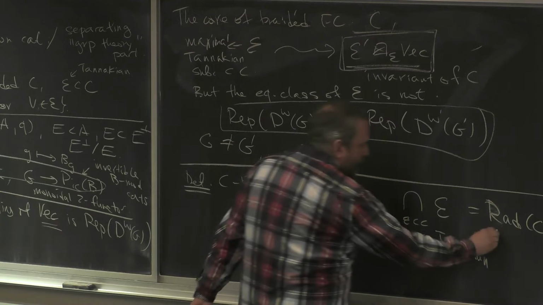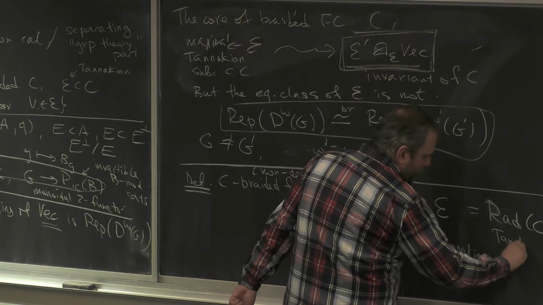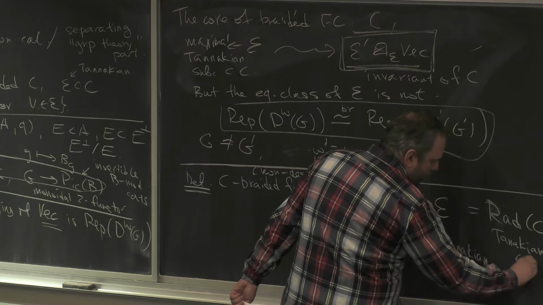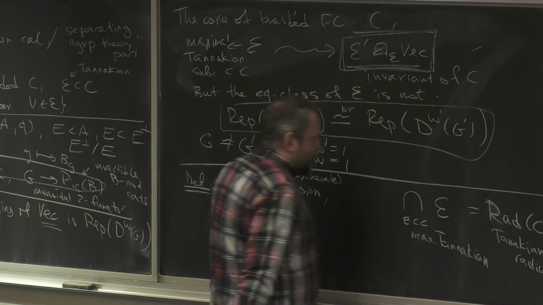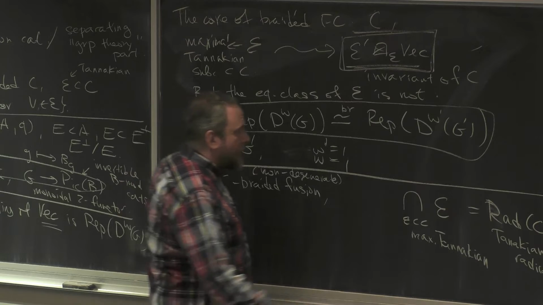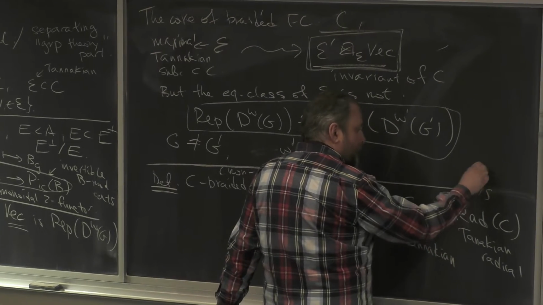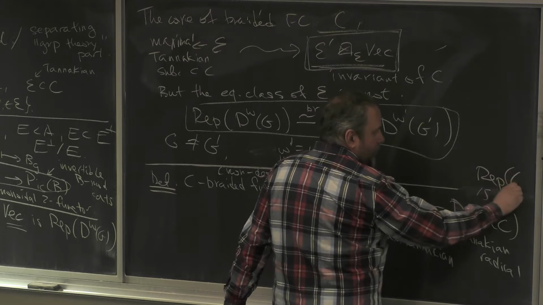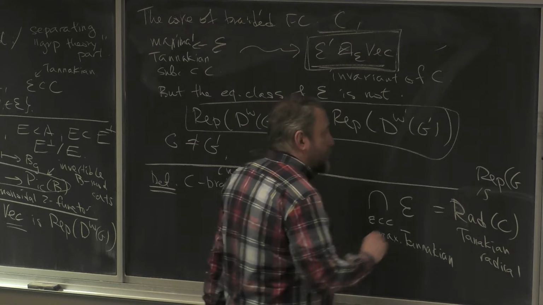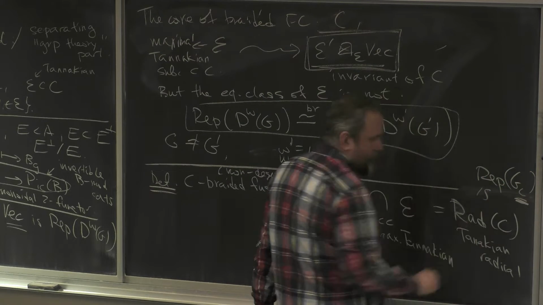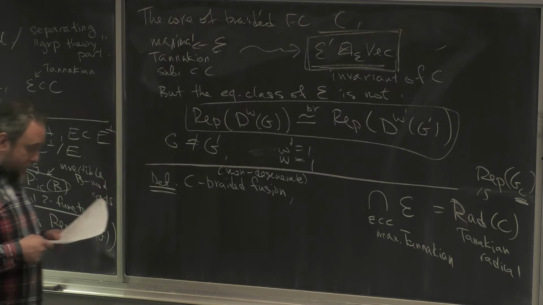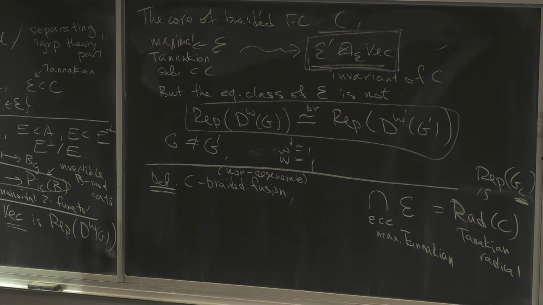So, Tannakian radical. Now, because it's a Tannakian category itself, this Tannakian radical is equivalent to the representation category of some group, G sub C, and this group is now an invariant of the braided fusion category in question.